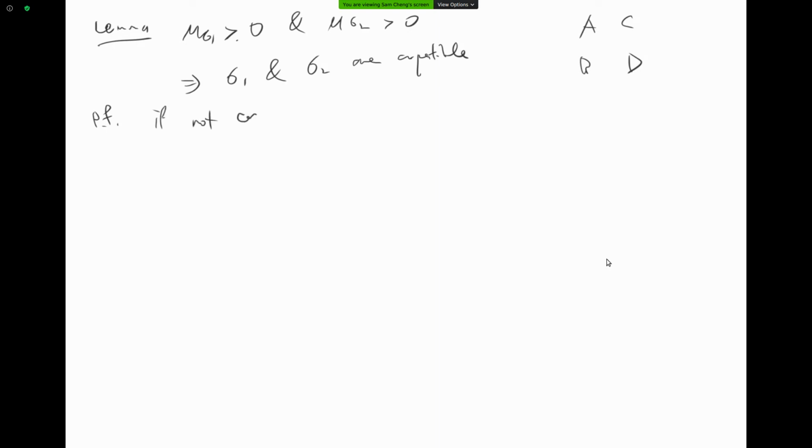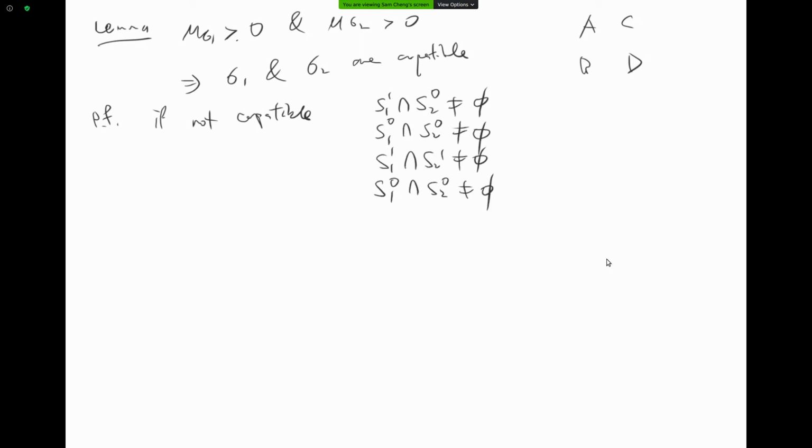Remember what it means to be not compatible: of sigma 1 and sigma 2, if I pick for sigma 1 the subset S11 and for sigma 2 the subset S20, the intersection is non-empty, and also for all the other combinations it's non-empty. As we constructed, it should be something like this.